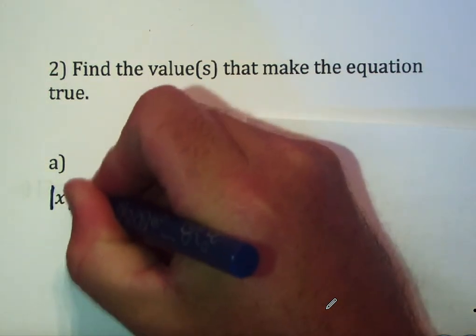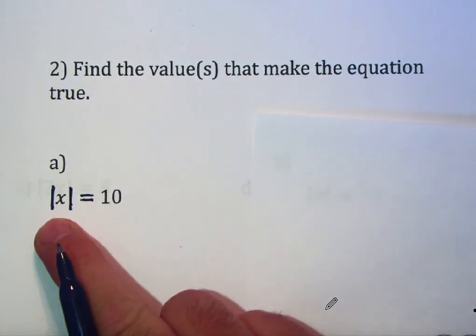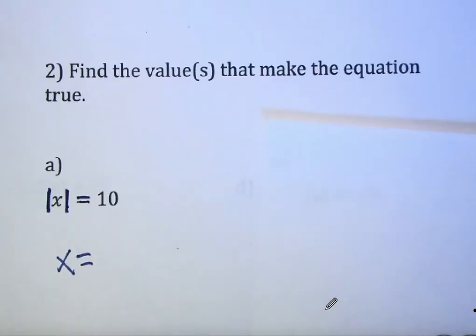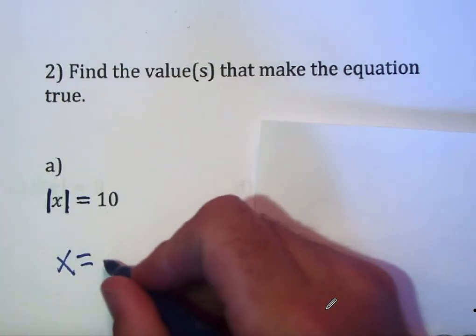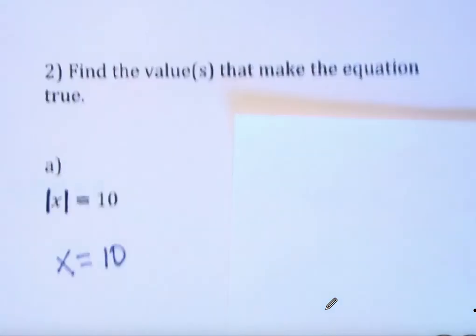So write this one down: the absolute value of x equals 10. Does anyone know what we could put in for x that makes that true? What number could we put in whose absolute value equals 10? Someone says 10. Sweet, it is 10. Anything else besides 10?